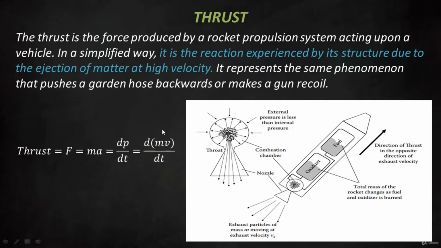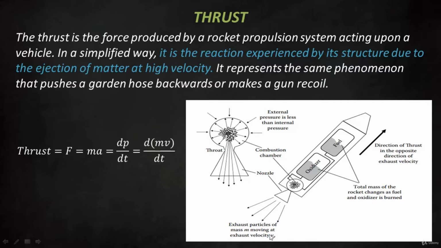Now, in rockets, the mass of the propellant is changing, but the velocity, VE, the exhaust velocity at which the gases are exiting the nozzle, is constant. And we will see why it's constant, why it's not disturbed.